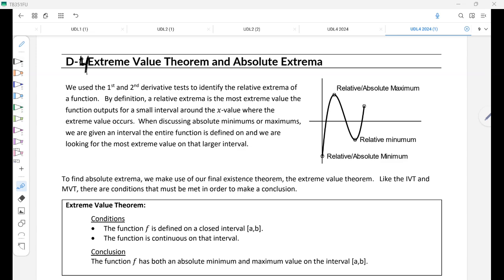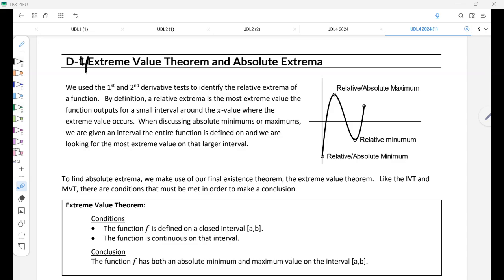All right. So basically the EVT, the extreme value theorem, tells us whether or not we will have absolute minimums and maximums. Because depending on how the function is defined, depending on the interval we look at, there doesn't necessarily need to be an absolute minimum or an absolute maximum.